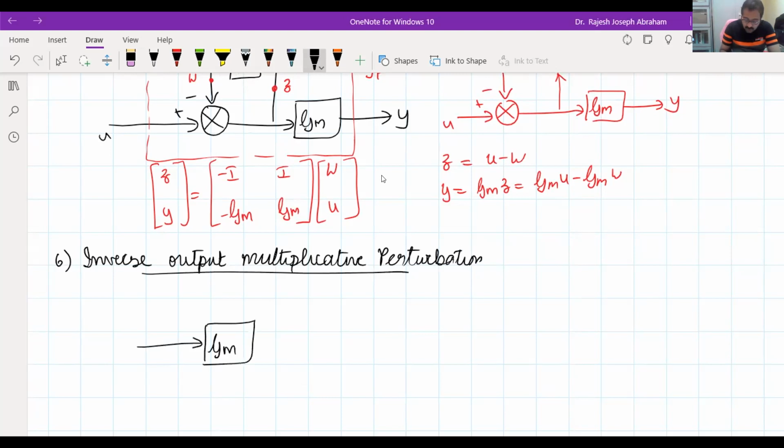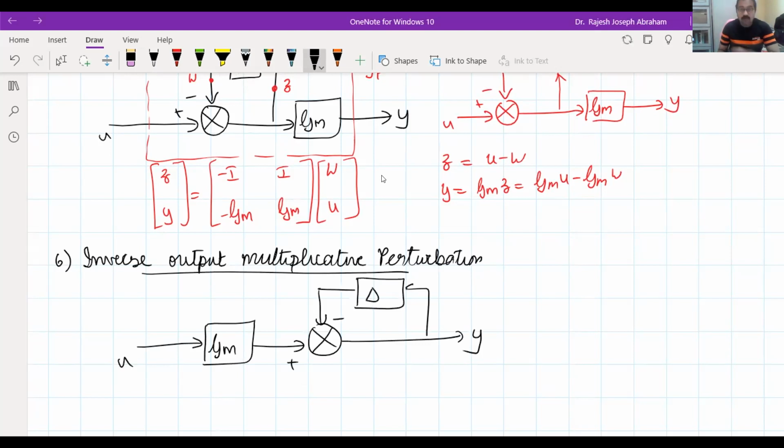Nominal plant GM, then we have a summing point. This is Y, this is U, this is plus, this is minus. Here is our delta block. So what will be the perturbed plant? The nominal model plus the perturbation. This will be the perturbed plant model.